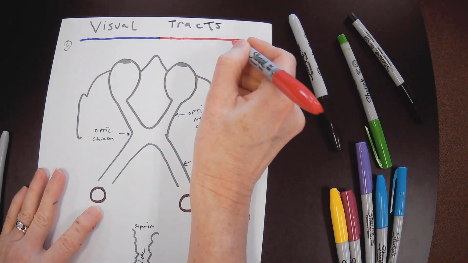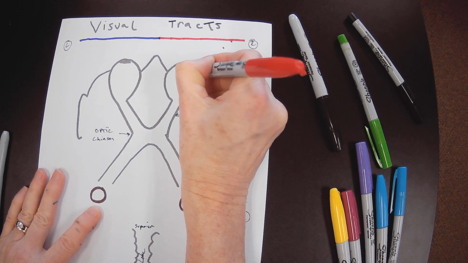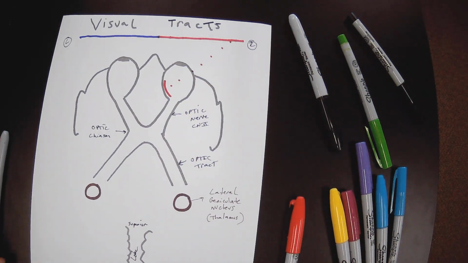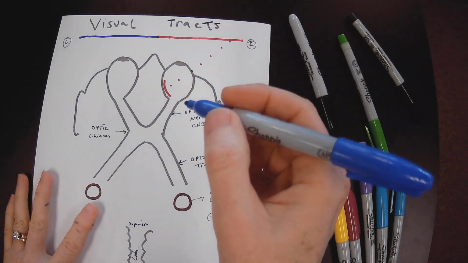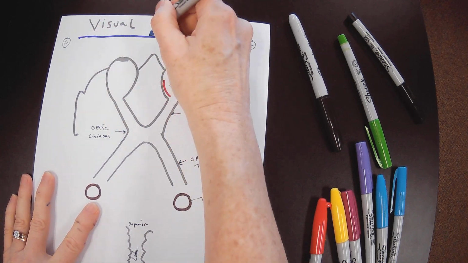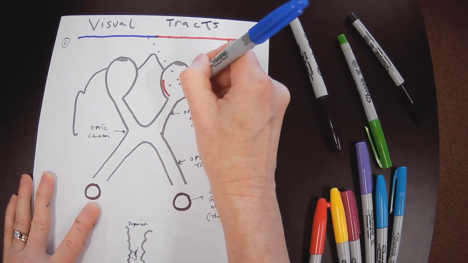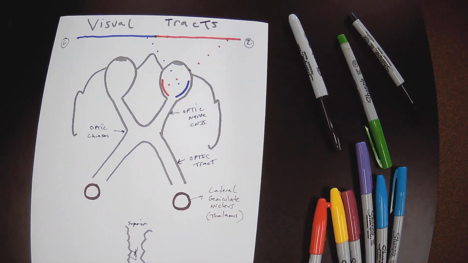The temporal visual field of the right eye projects to the nasal retina, and the nasal visual field of the left projects to the temporal retina of the right eye. You end up like that. Okay, it's just what we did before, no difference.